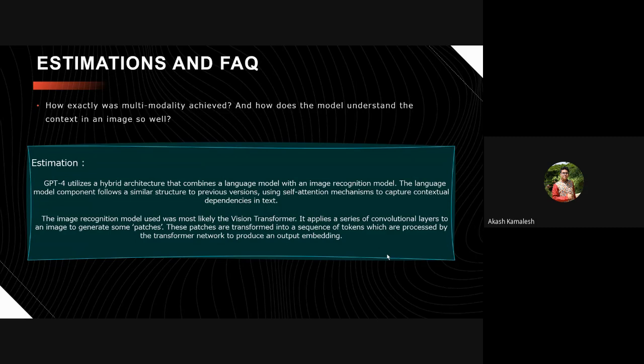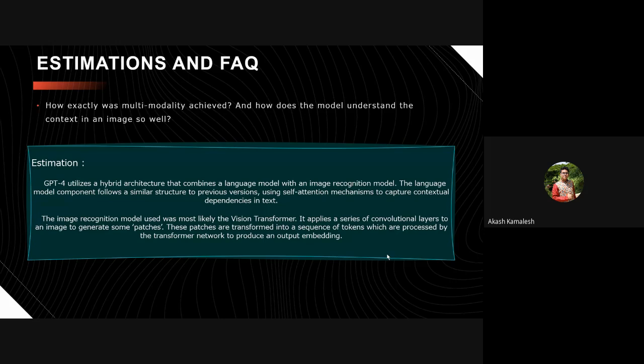The vision transformer is a model which is used to convert images into embeddings. These embeddings are universal, and they can be understood in terms of context. So if I convert an image into an embedding, that embedding can be understood by a natural language model. That was the thinking here.